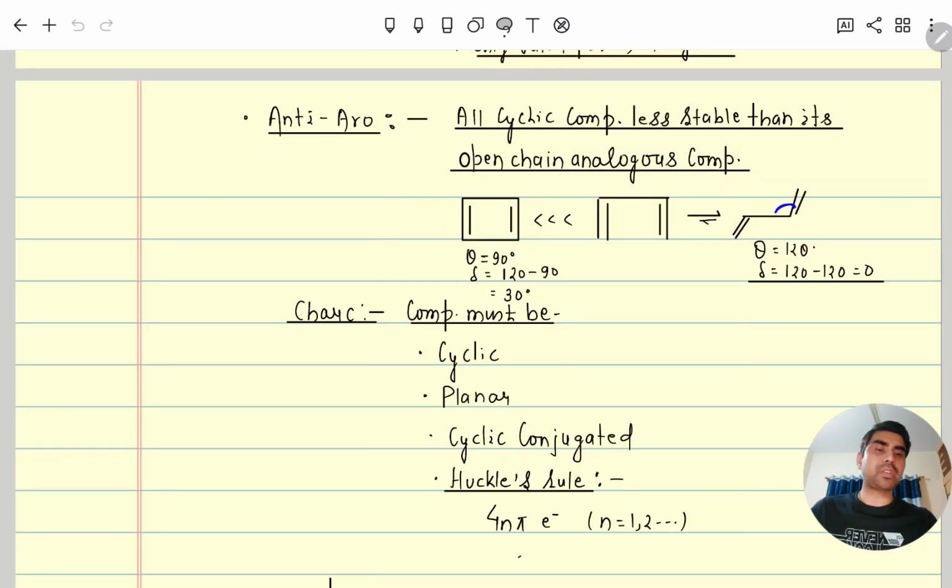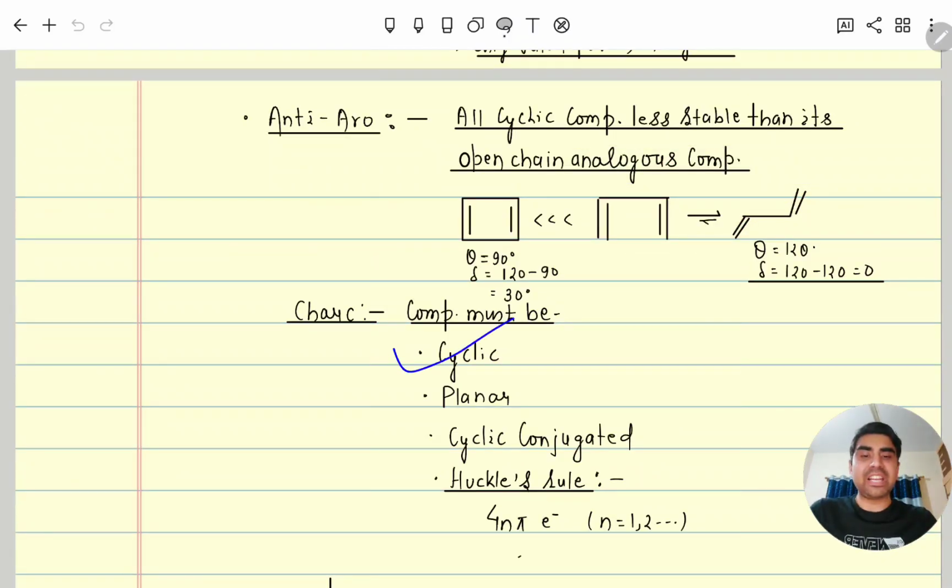Overall angular strain: the angle is 120 degrees, since this carbon is sp2, trigonal planar, so the overall angle must be 120. 120 minus 120, angular strain is 0. But here the angle is 90 degrees and this carbon is sp2, so the expected angle is 120 but the actual angle is 90. So the overall angular strain is 30 degrees. So this is relatively less stable and this is relatively more stable.